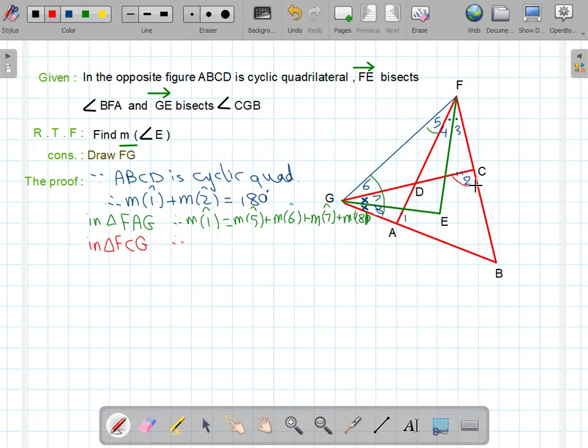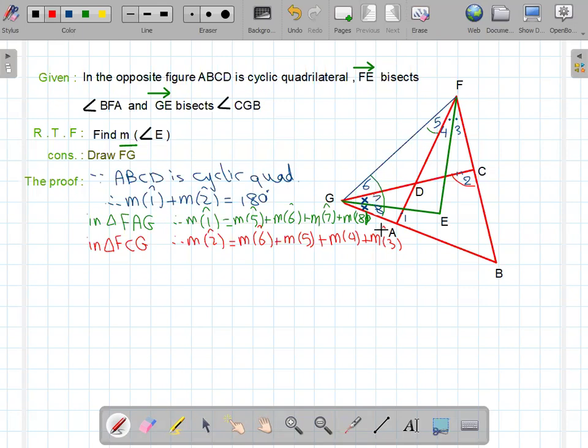Then measure of 2 equals measure of 6 plus measure of 5 plus measure of 4 plus measure of 3.